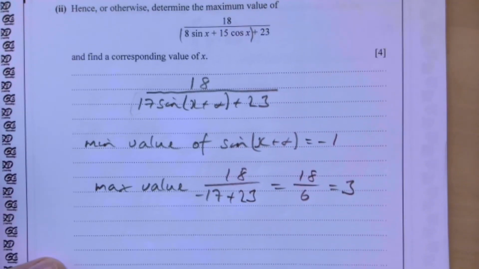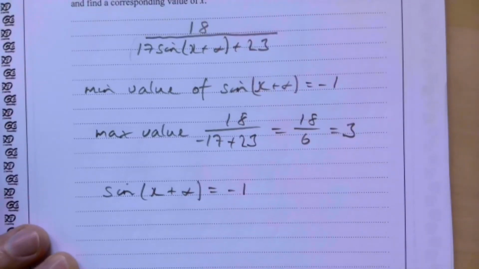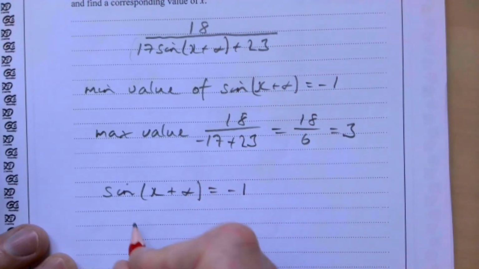So when does this happen? This happens when sine x plus alpha equals minus 1. When is sine minus 1? That then is when the angle is 270.